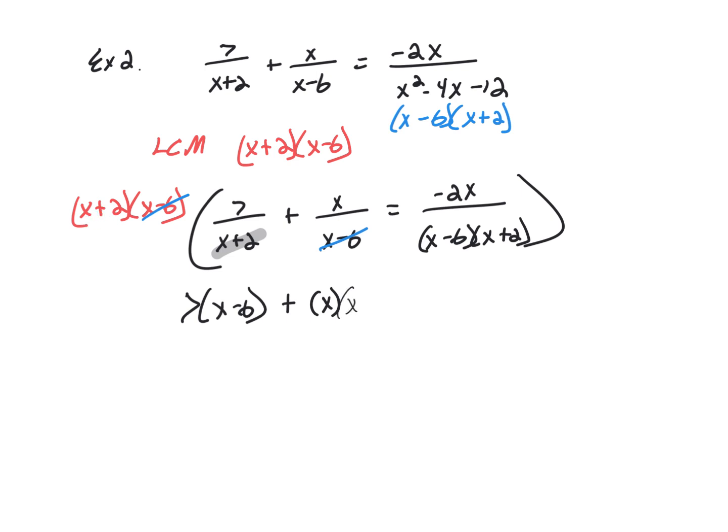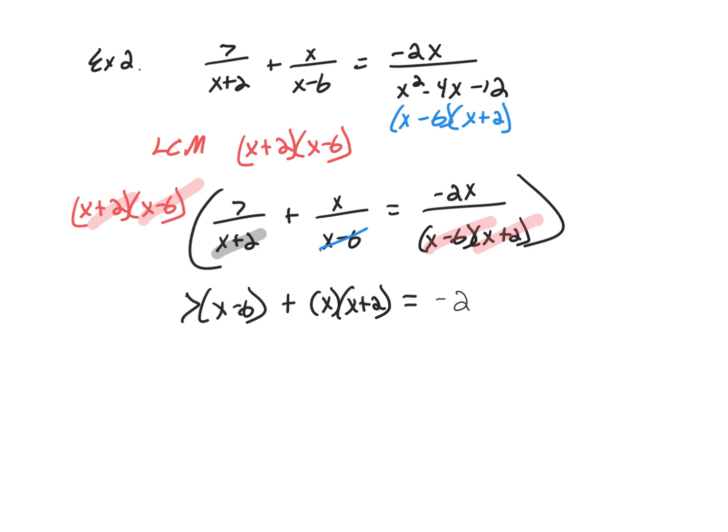So I'm going to show that here, times x plus 2 equals, and then in this last one, we have a numerator of negative 2x. Well, the denominator has the same factors of the least common multiple. So at this point, when we consider the least common multiple, everything is going to cancel. So we really can just bring down the negative 2x.